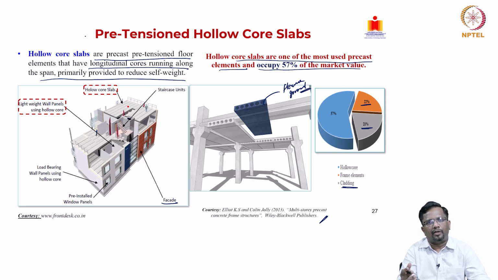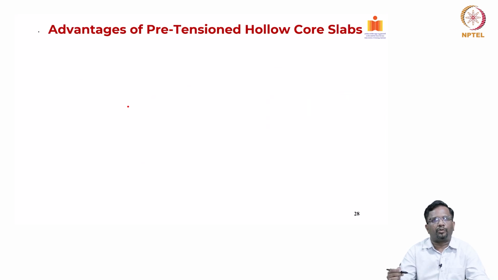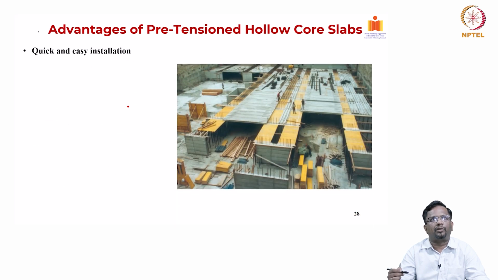In fact, the hollow core can be used as a slab element even in steel construction or wood construction, right. In that way it is going to give you very good fire resistance as well. So, it is a very commonly used precast element across the industry, and they are pre-tensioned and precast one-way slab elements.